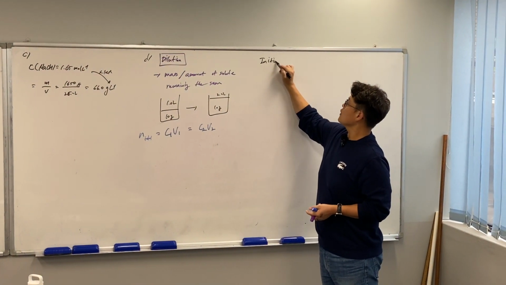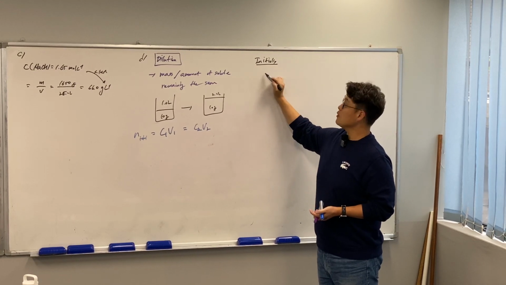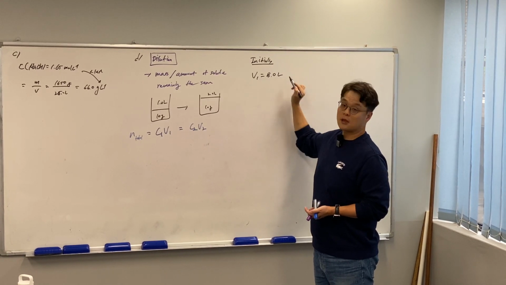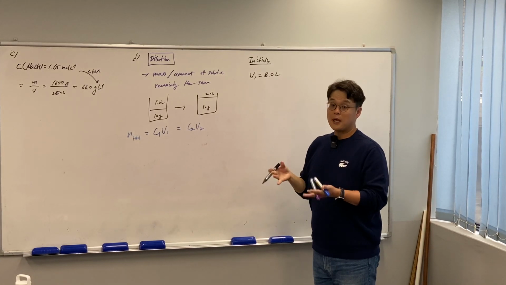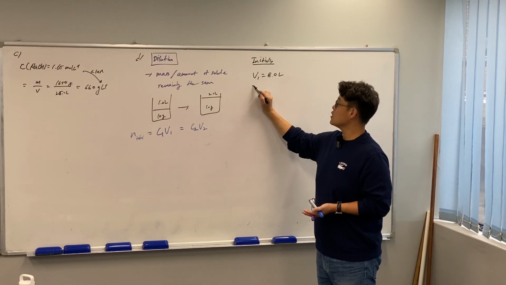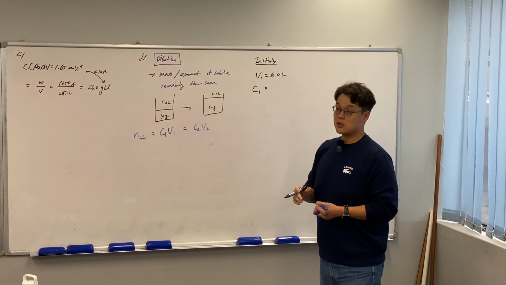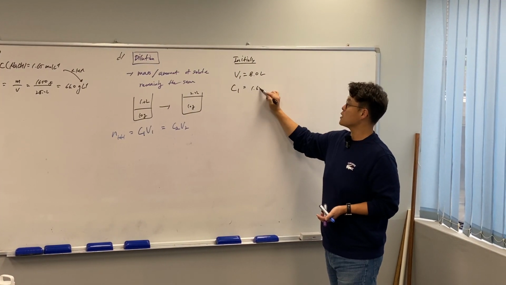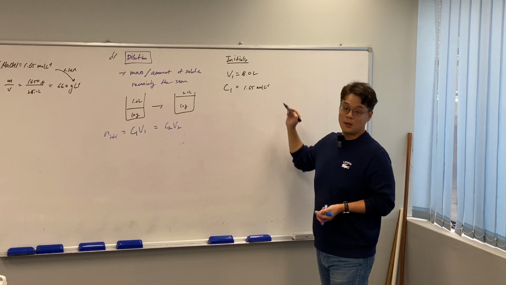Initially, think about what you have been given. You're given the volume, V1 of 8 liters in the container, and the concentration C1, the initial concentration in the big concentrated container, is the same as the previous one, 1.65 mole per liter.